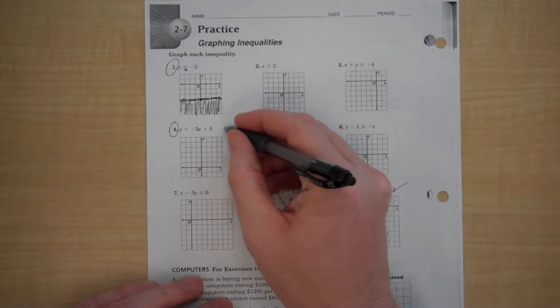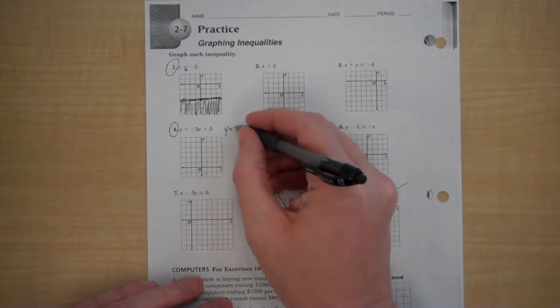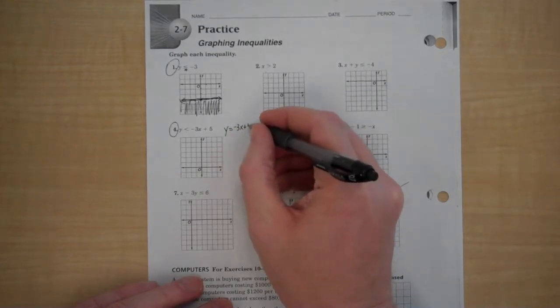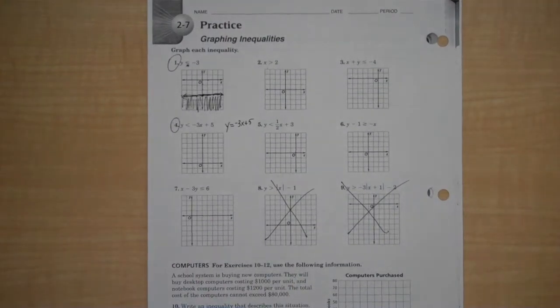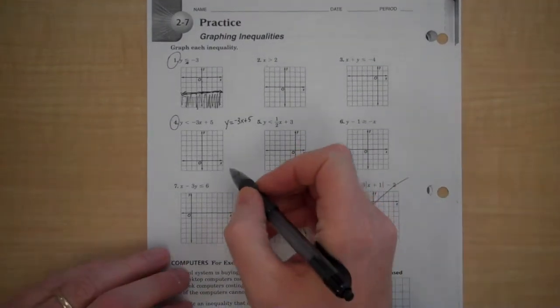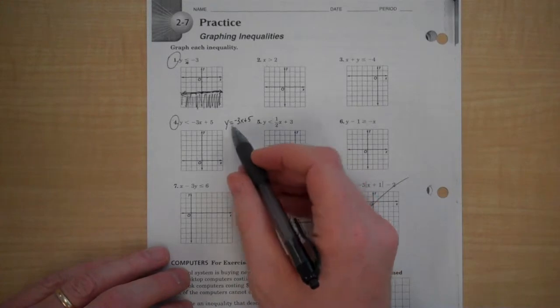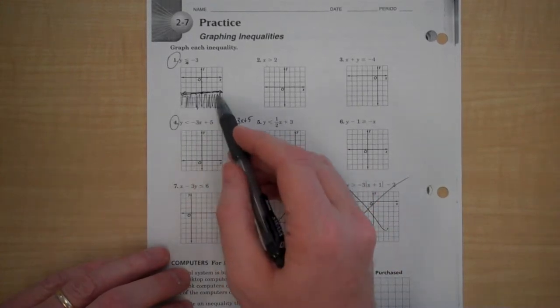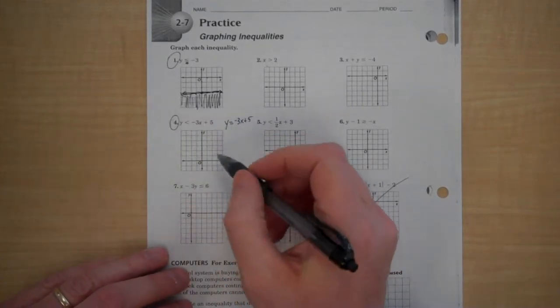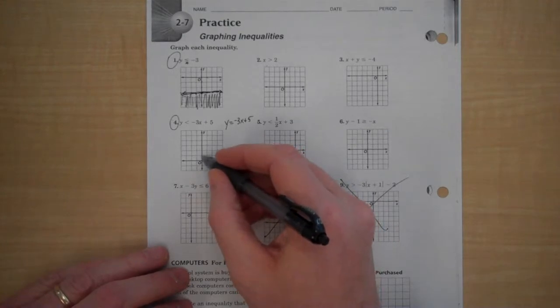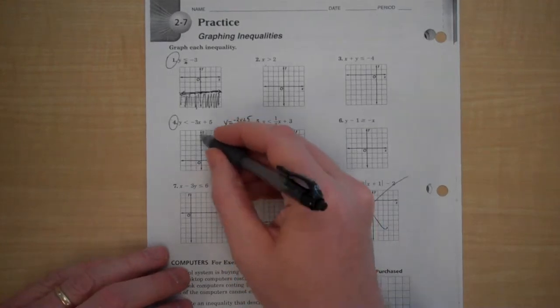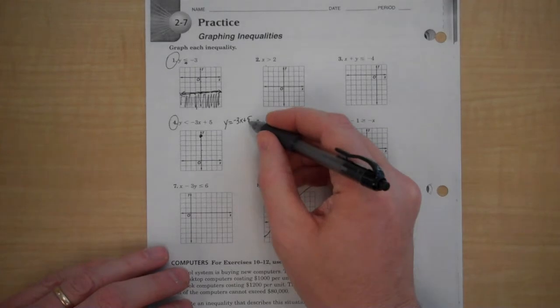Now, the boundary line is y equals -3x plus 5, but the boundary line is not a part of the solution. So what are we going to do? We're going to plot that line, but not with a solid line that is very inclusive. We're going to use a dotted line. 1, 2, 3, 4, 5. If you remember, this is the b value.